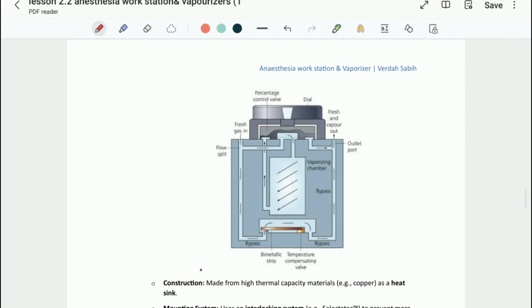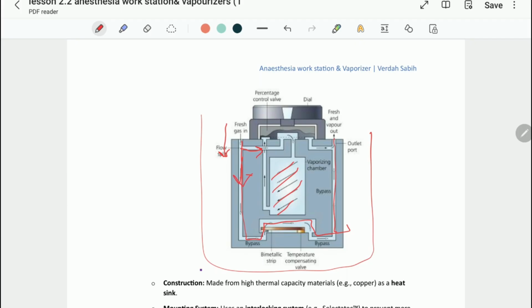So this is a schematic of a plenum vaporizer. As you can see, this is the casing. This is the vaporizing chamber. This is the bypass route. The fresh gas comes in from here. There the flow is split into the vaporizing chamber and the bypass chamber. As the temperature cools down, this is the bimetallic strip, which bends and allows more gas to flow into the vaporizing chamber.